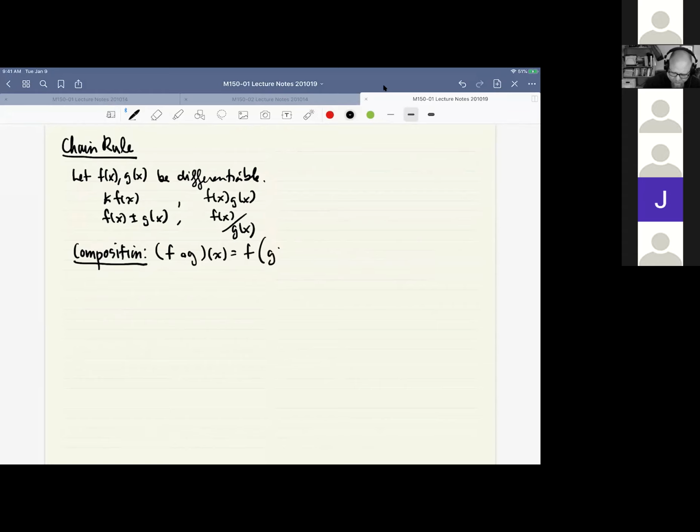So what if one function is inside the other? So we got kind of two rules that are stacked. Oops, I did this in the wrong order.